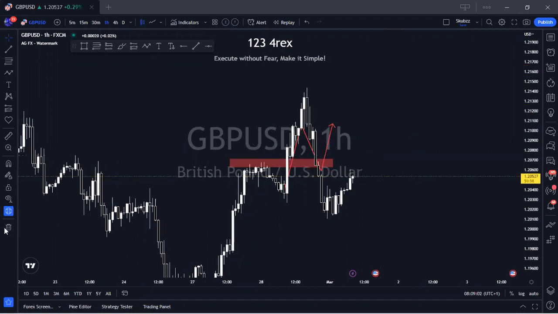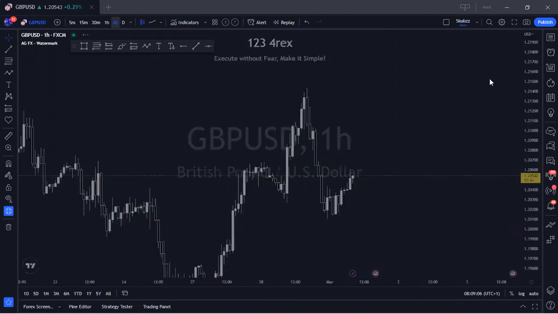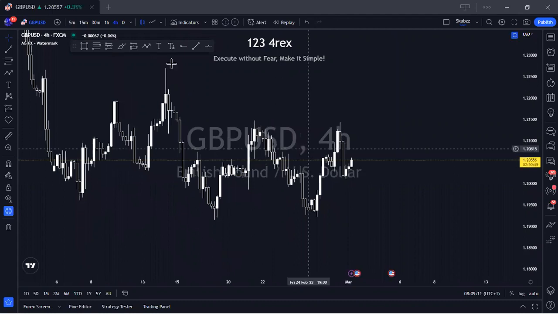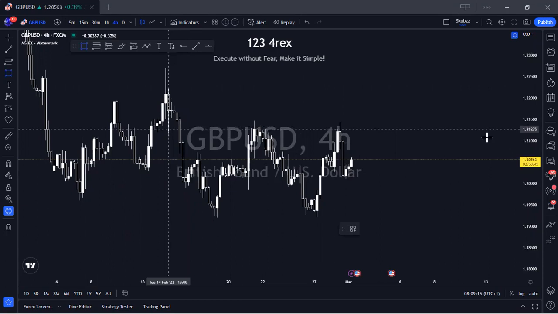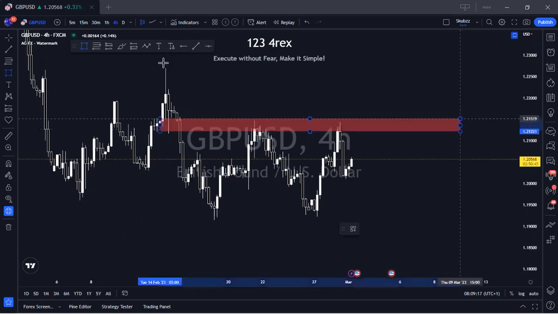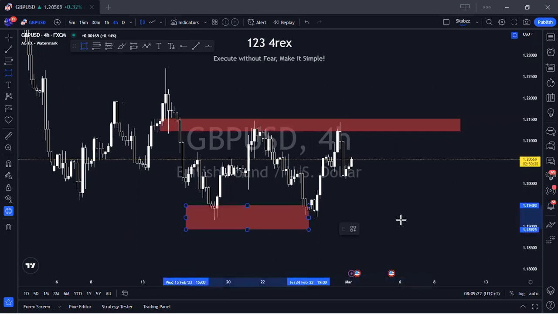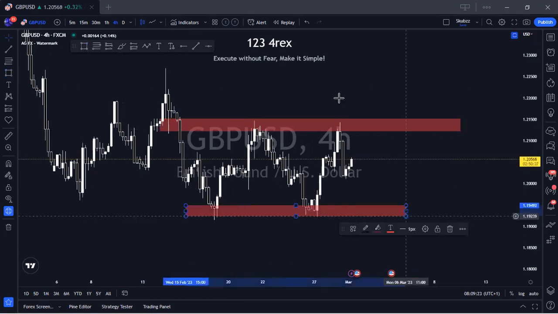It's still inside this range, and I think we spoke about something like that yesterday when we were analyzing. See the top of the range here, see the bottom of the range here. So we are still inside this range. It tapped inside, and now it's selling.